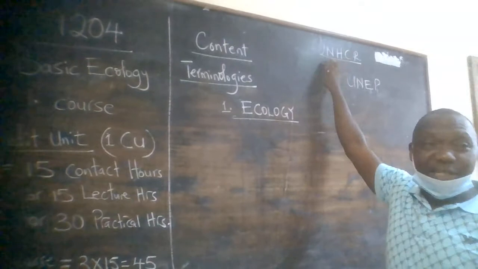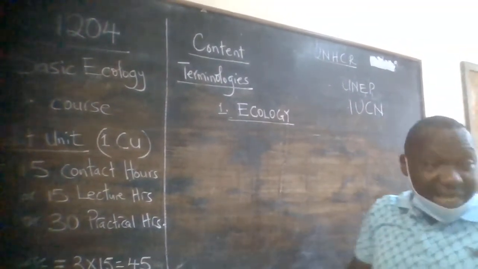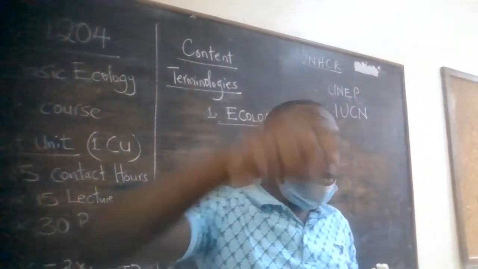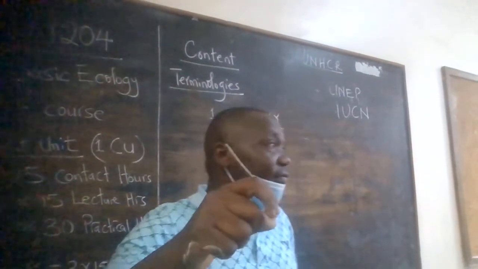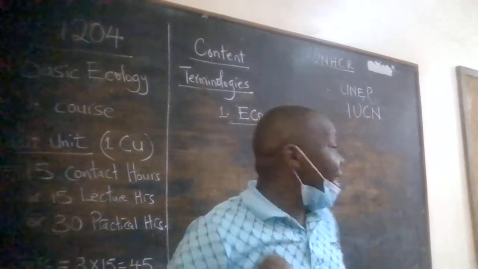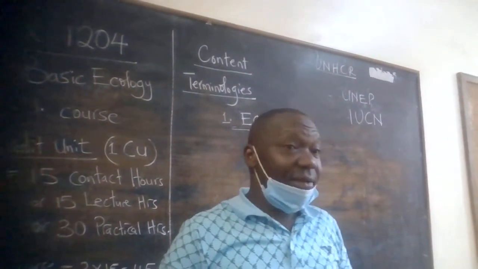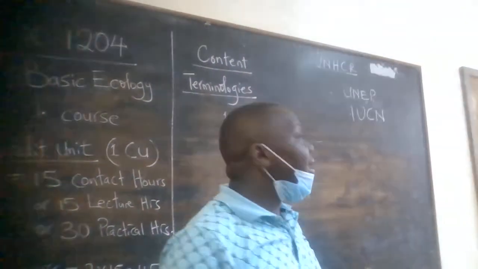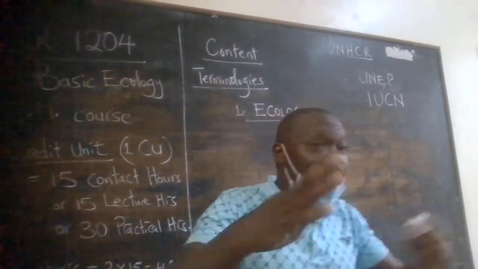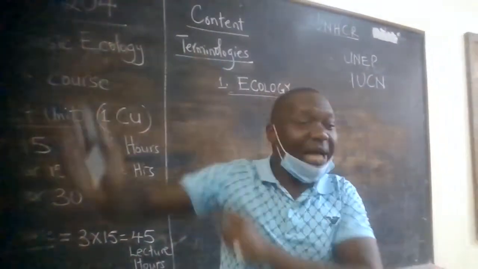So in such big organizations, there are other organizations like IUCN, an international body called the International Union for the Conservation of Nature, or Conservation of Natural Flora and Fauna. That IUCN has many departments or subunits. One subunit is on birds, conservation of birds.